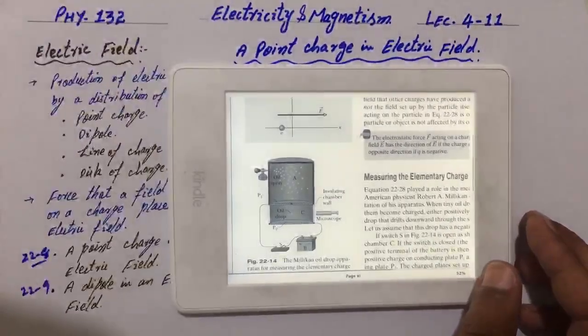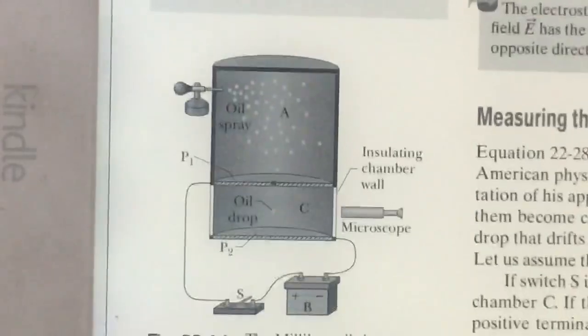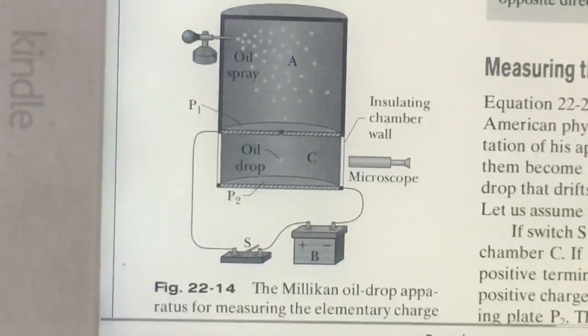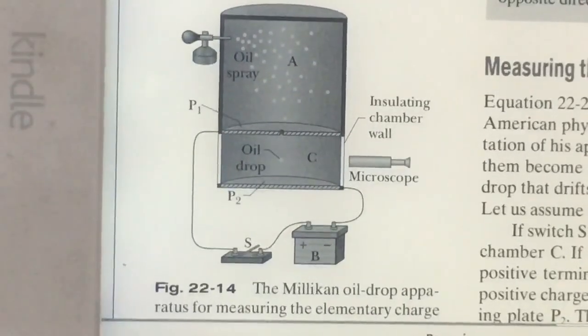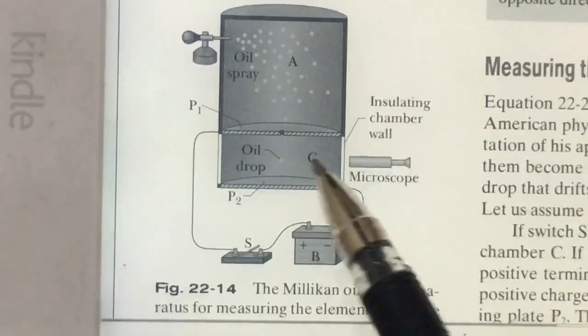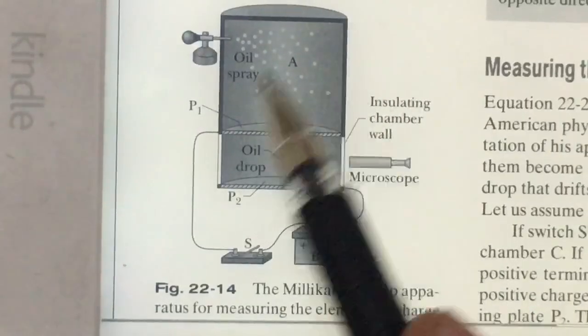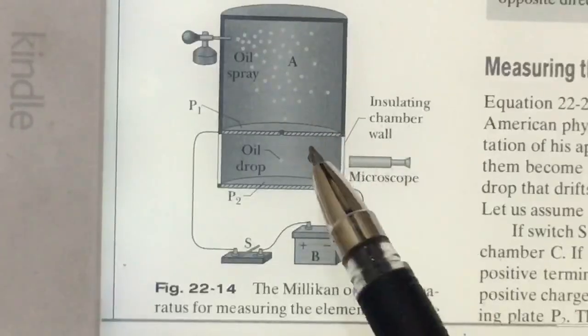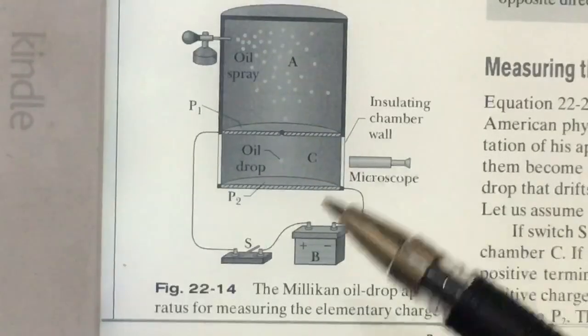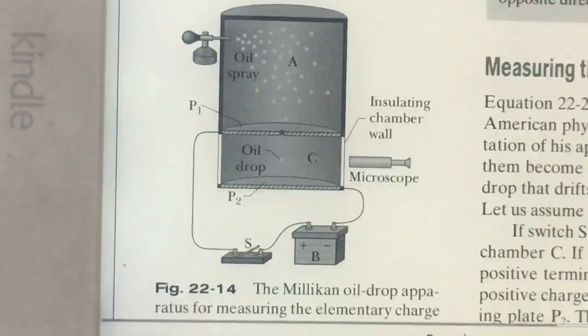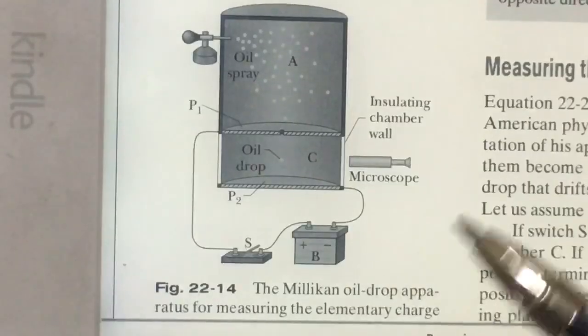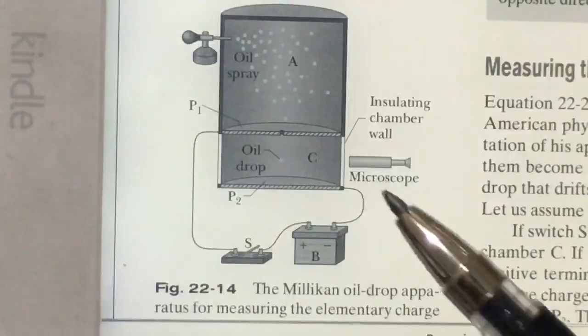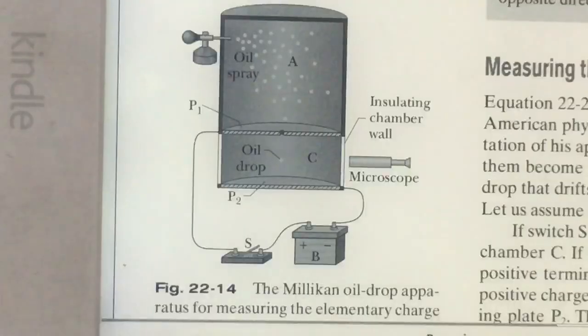So this is the diagram which is showing us the Millikan oil droplet method. The chamber consists of 3 chambers. And this is the experimental setup of Millikan, which he used to find out the elementary charge on a charged object. Primarily it is the method to give us the value of the elementary charge on an electron.